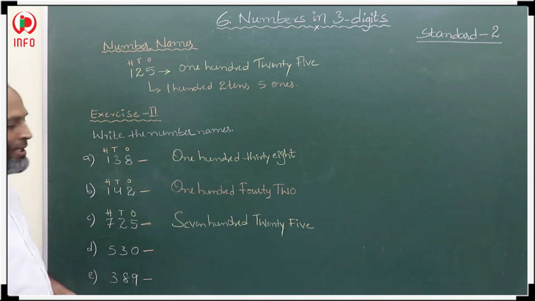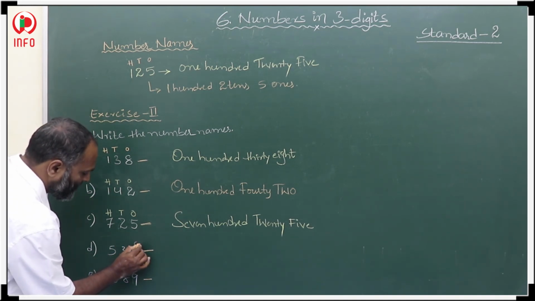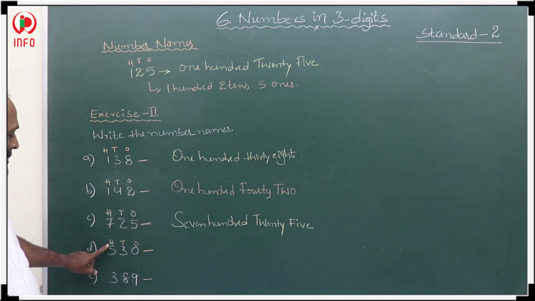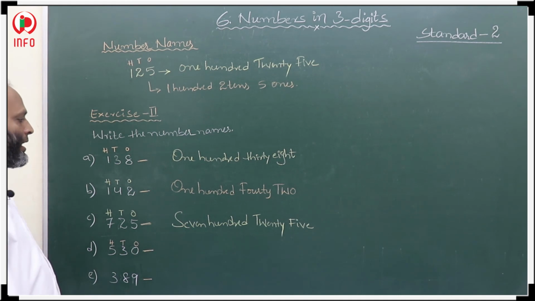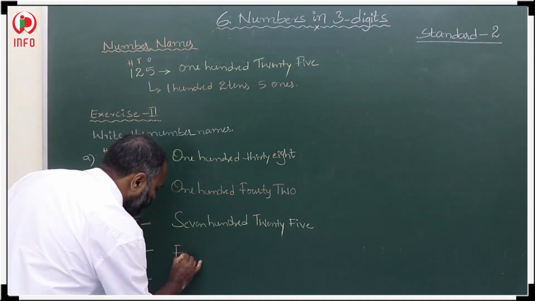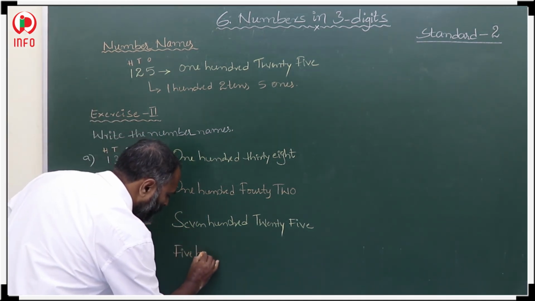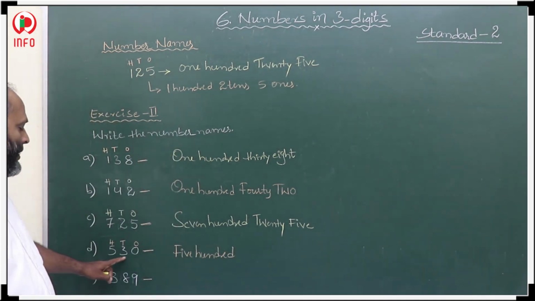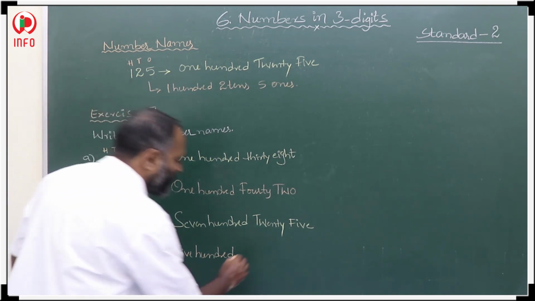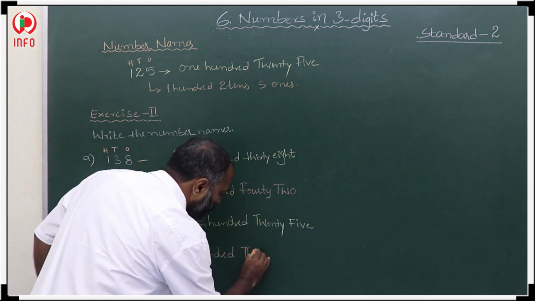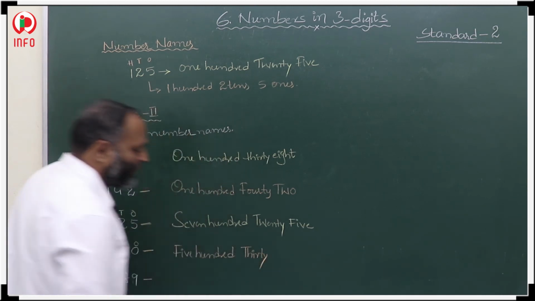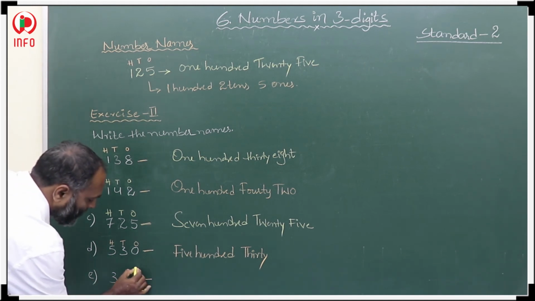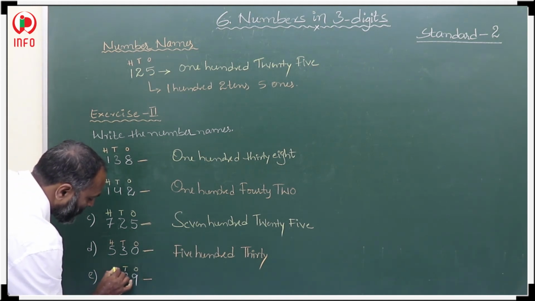530. So it is a 3-digit number. First one in ones place, tens place, and hundreds place. In hundreds place 5 is there. It means 500. 30, 530. Next, here this is in ones place, tens place, and hundreds place.